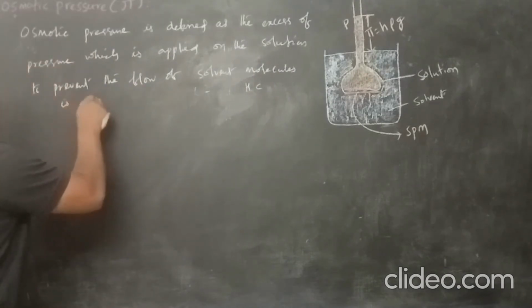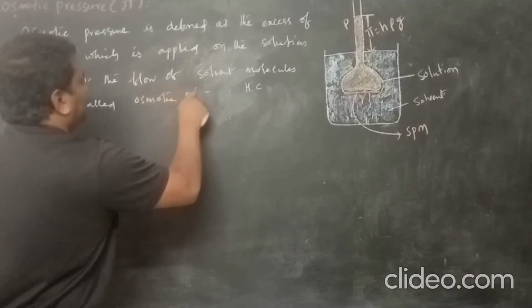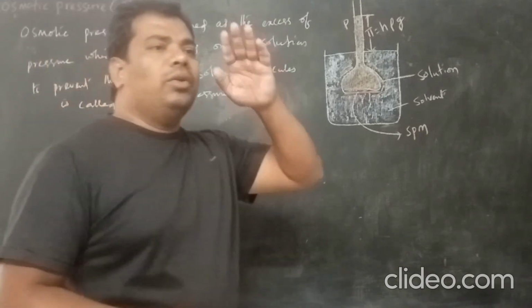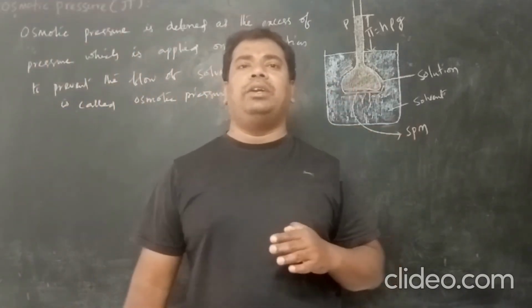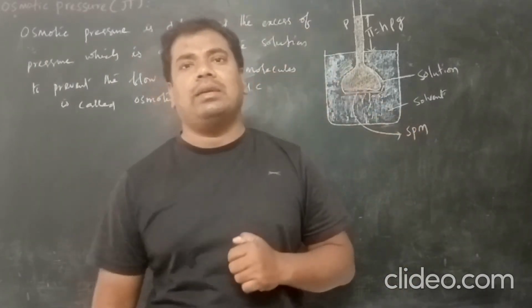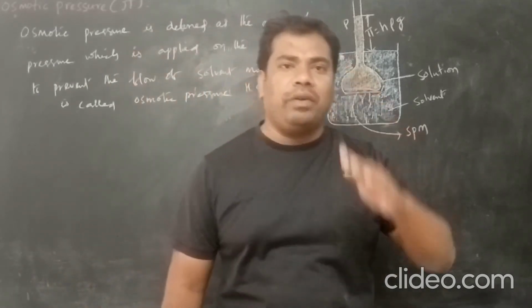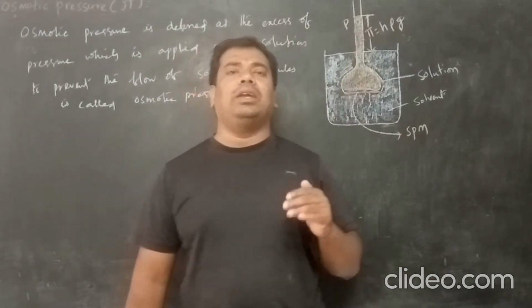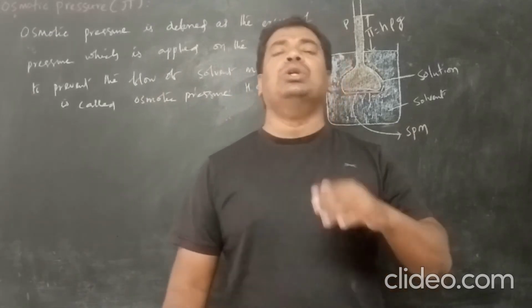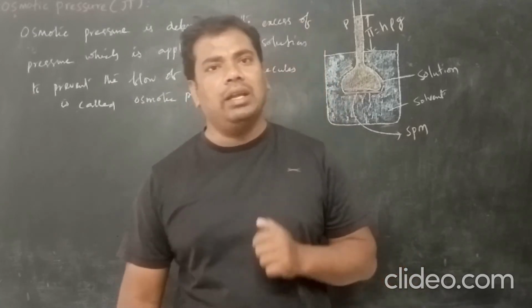It is called osmotic pressure. Clear, student? Right? So to prevent the flow of solvent molecules through a semi-permeable membrane, here we are applying some external pressure. So the pressure we apply to prevent the flow of solvent molecules from one concentration region to another concentration region through a semi-permeable membrane, we call osmotic pressure.